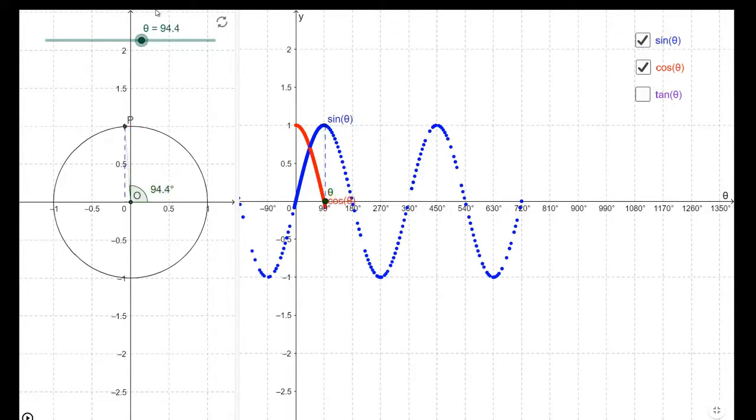Then let us keep going, and as we keep going, we see that the graph just follows the sine graph. It is the same graph. It looks a little shifted. So cos theta value is approaching 180 degrees, and as it approaches 180 degrees, the value of cos becomes -1.